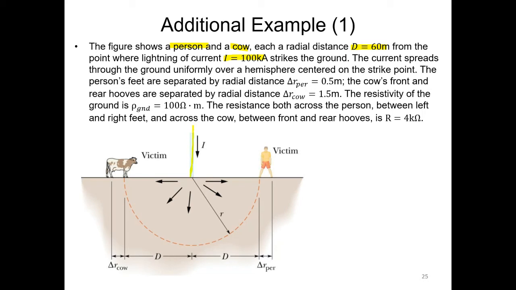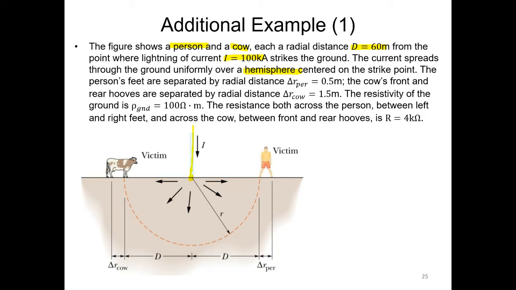We assume all the current goes in every direction uniformly, spreading through the ground over a hemisphere centered on the strike point.